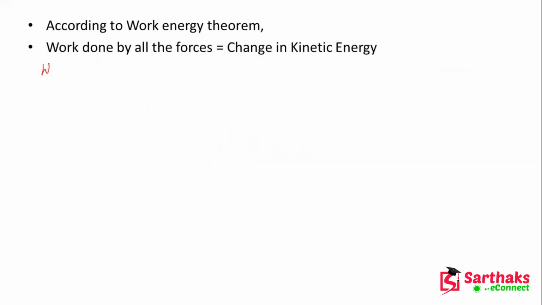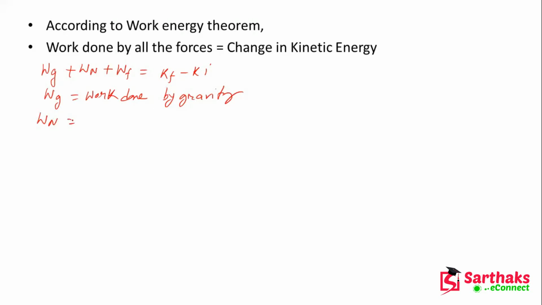So here Wg plus Wn plus Wf equals Kf minus Ki, where Wg is the work done by gravity, Wn is the work done by the normal force, and Wf is the work done by friction.